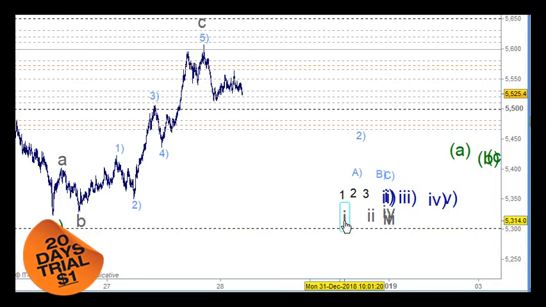The other point, if I've got this wrong, is to look at this as a bullish point for a moment. Wave 1 here, wave 2 here, and then all of this up here for wave 3, and then it would leave wave 4 here.